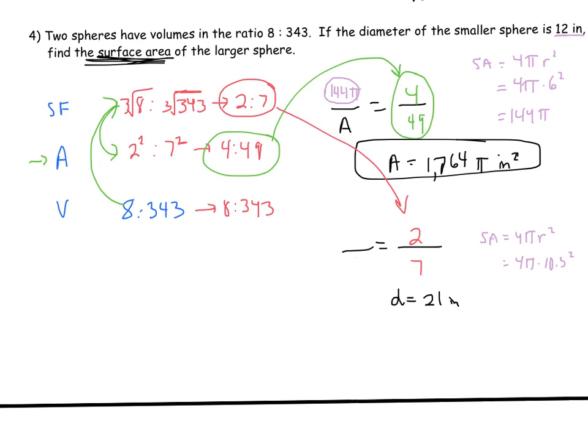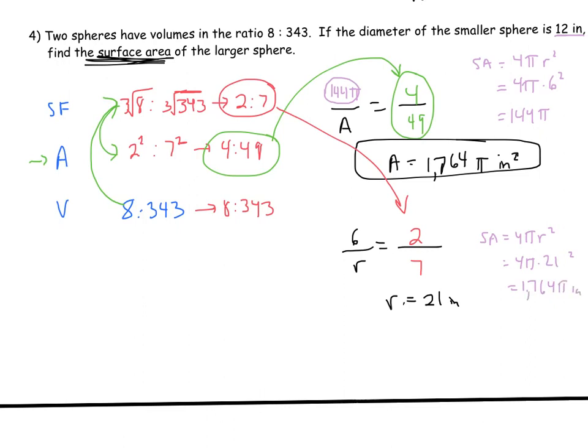You could have done diameter measurement, but my calculations that I was using for my paper were that 6 was my given radius, and I was solving for my radius. So again, you could have done the diameter, but this should have been a radius measurement. Radius of 21 inches. So let's correct that, and plugging in here, you should have a 21. 21 squared times 4 gives me 1,764 pi. There we go.